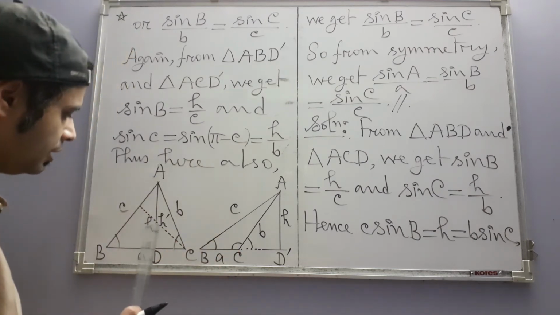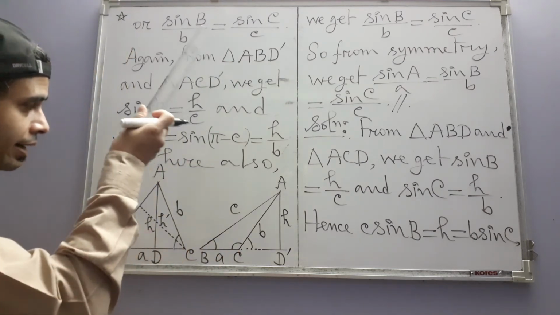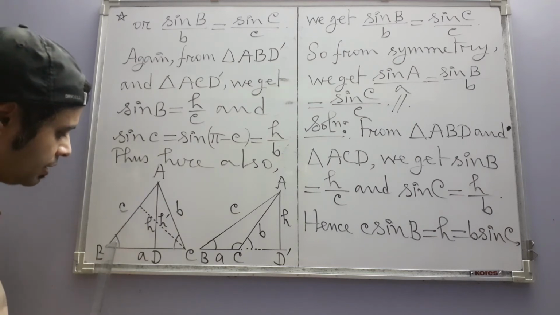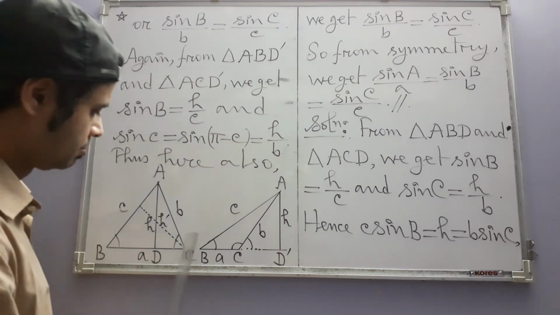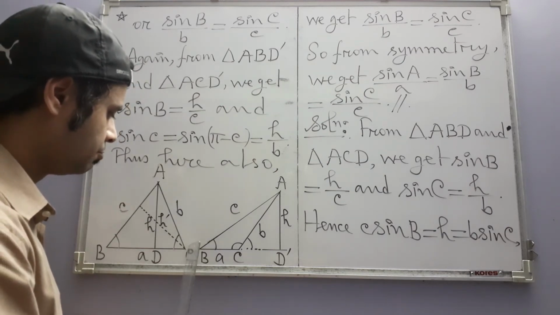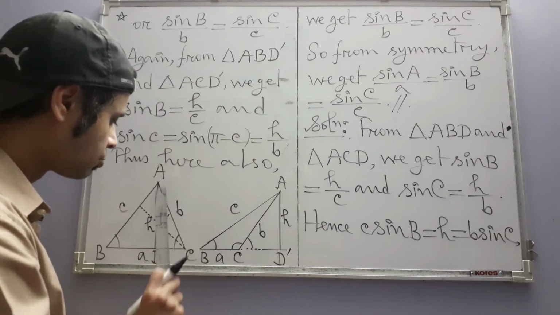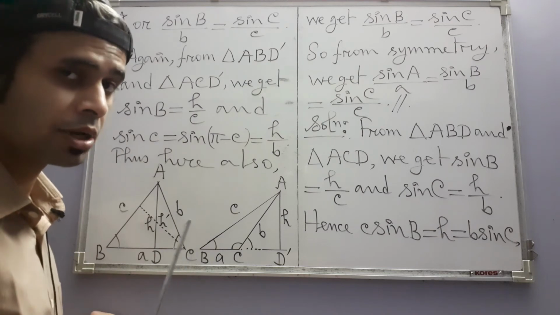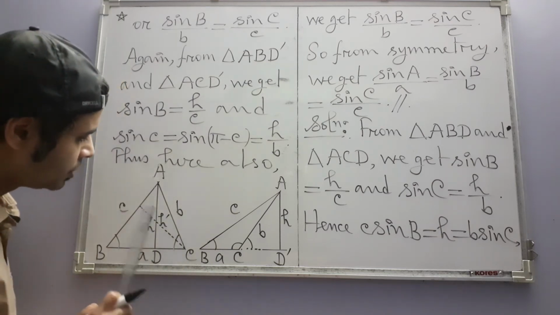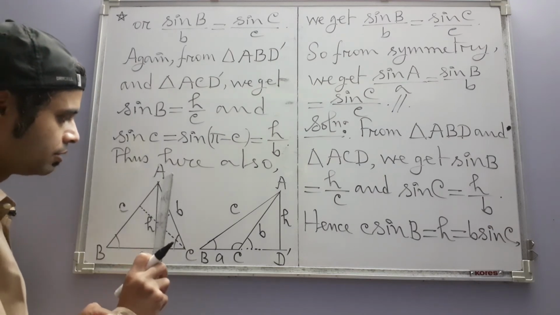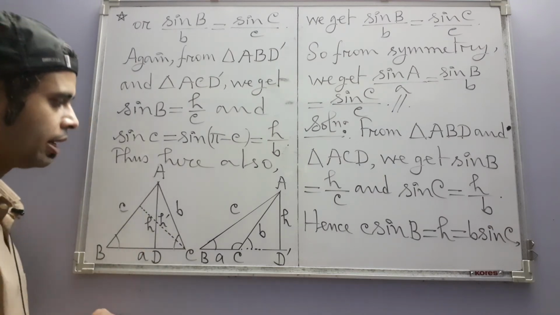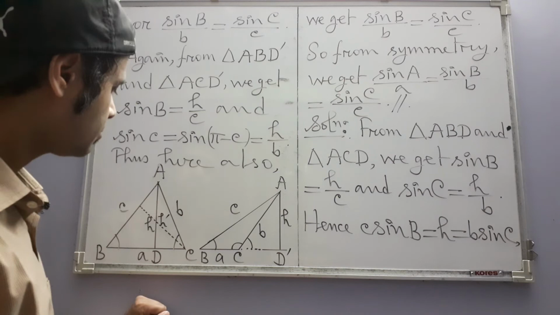That's because in the earlier situation we ended up getting the sines of these two angles through which the perpendicular was not passing. This time the perpendicular is passing through the angle C, so we would have these two angles A and B.